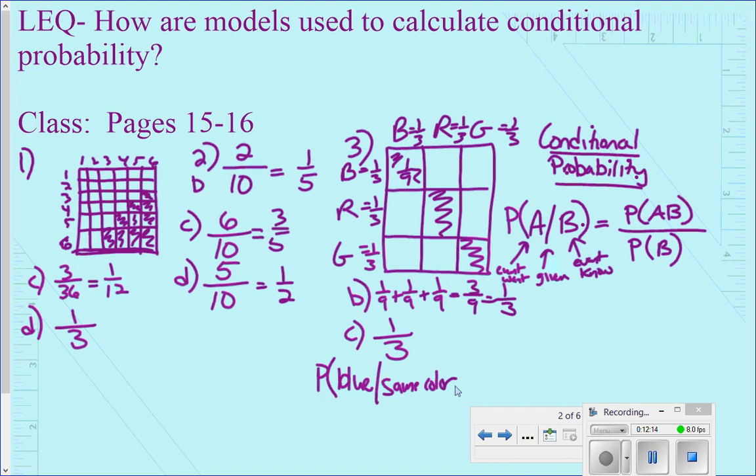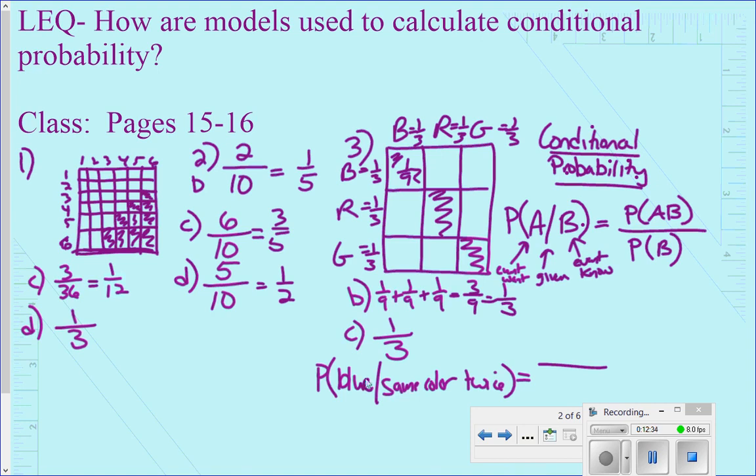And I know that's what I'm looking for because the same color twice is what I know, and I'm supposed to figure out what the probability is that it's blue. So using the formula, in the denominator, I'm going to go ahead and put my given, which is the same color twice.